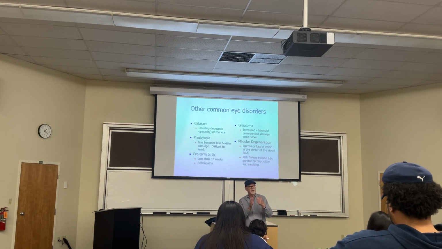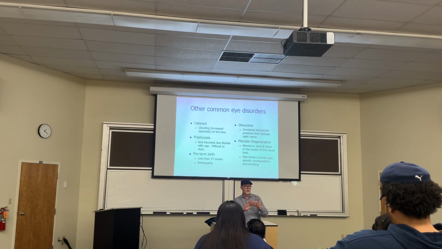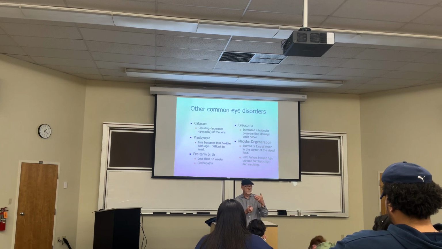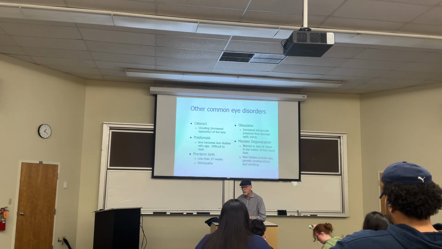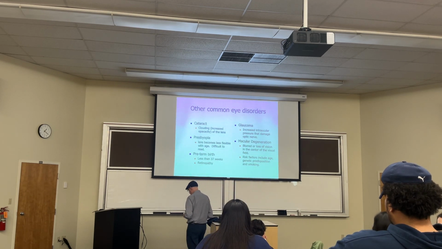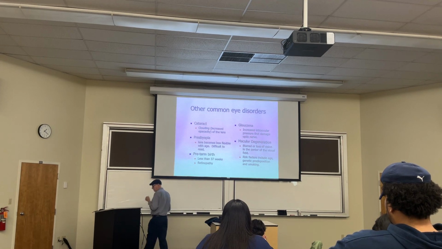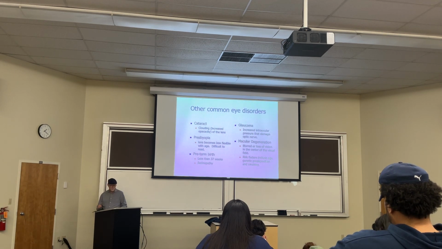And of course, if it's detached from the underlying vascular blood supply, you can have some death of your photoreceptors and neuronal cells, and this can cause blindness or loss of vision. So that's another one that we probably should add here.